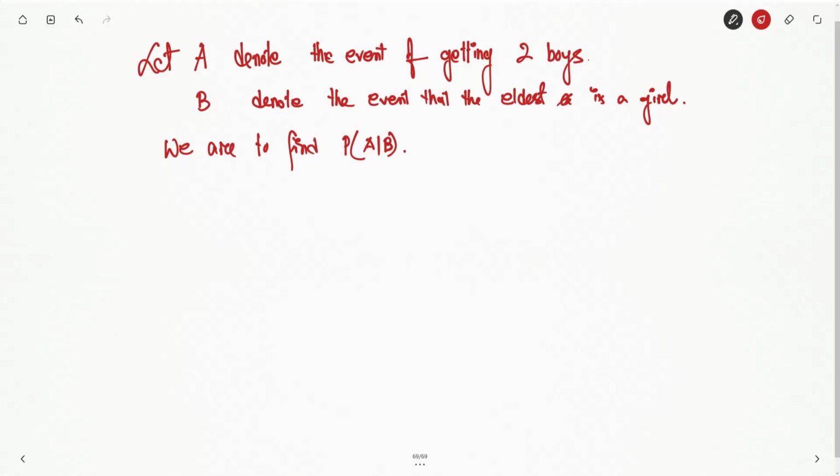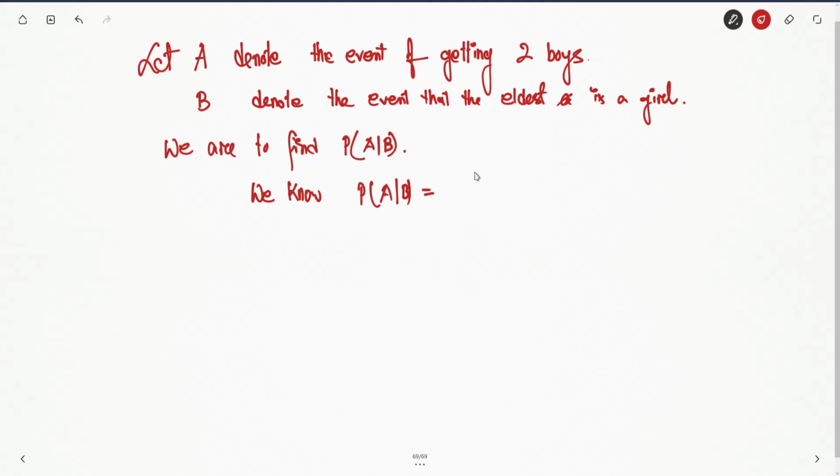To find this, we will have to calculate probability of A intersection B. We know probability of A given B is equal to probability of A intersection B divided by probability of B, right?